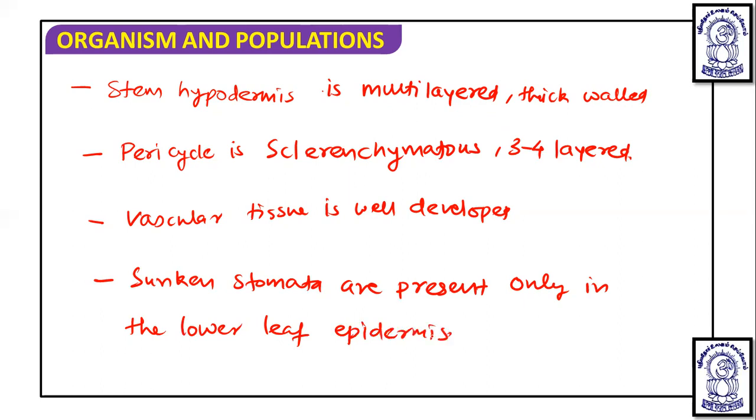Okay, so sunken stomata are present only in the lower leaf epidermis. So this you will see. Okay, so these are the anatomical adaptations which are seen in case of the halophytes.